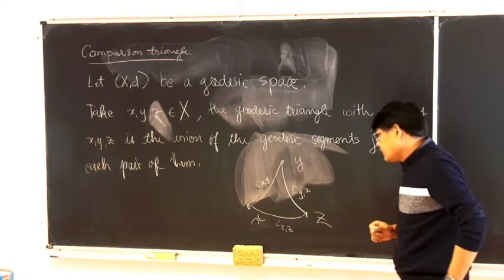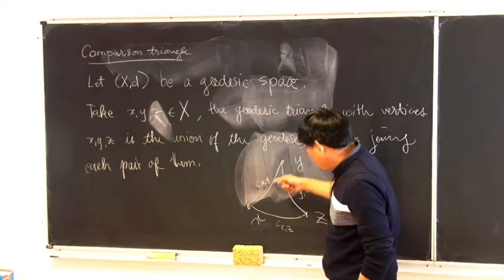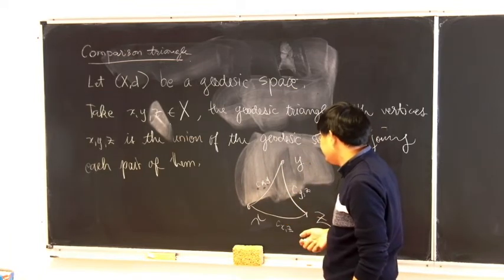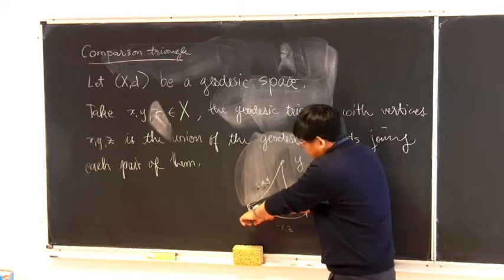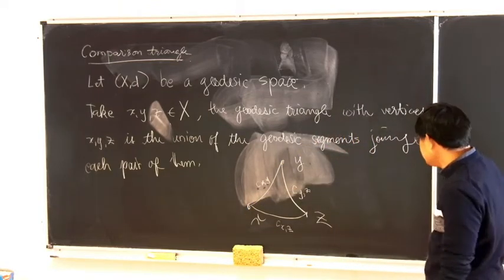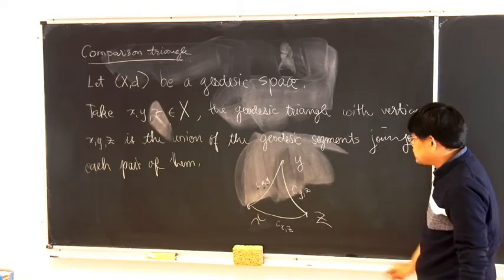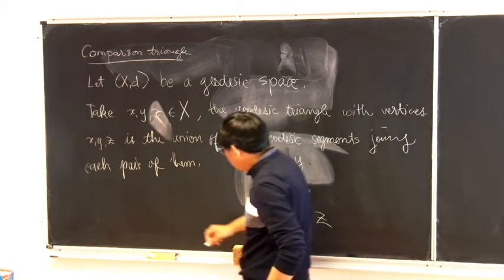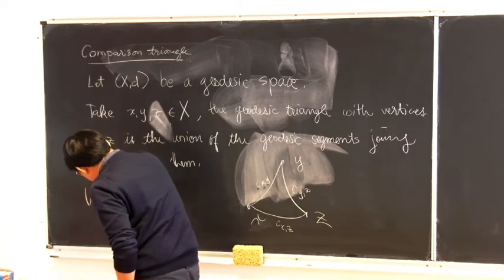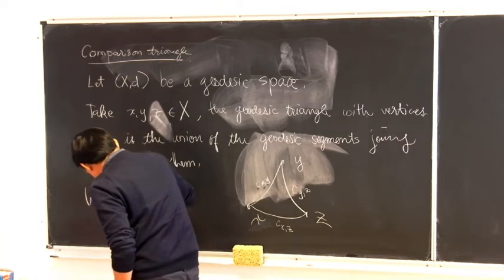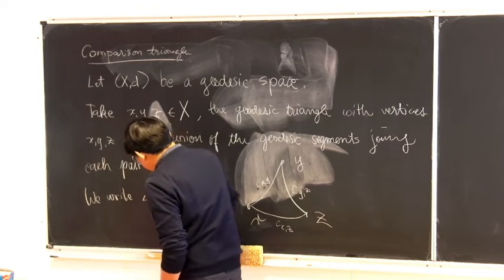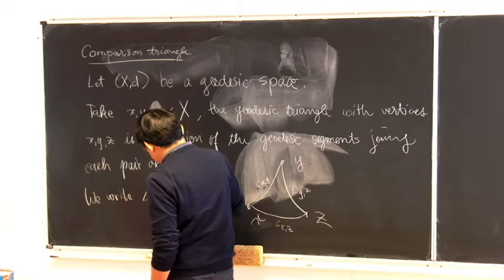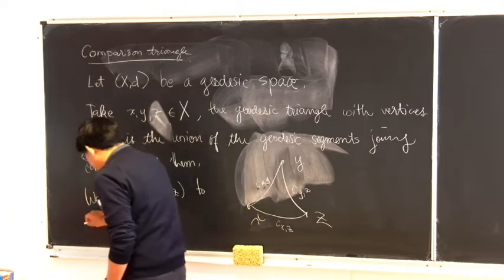But we just fix one geodesic between each pair, and we take the union of all the images of these geodesic segments, and we call this a geodesic triangle with vertices x, y, and z. We will write Δ(x, y, z) to denote such a triangle.